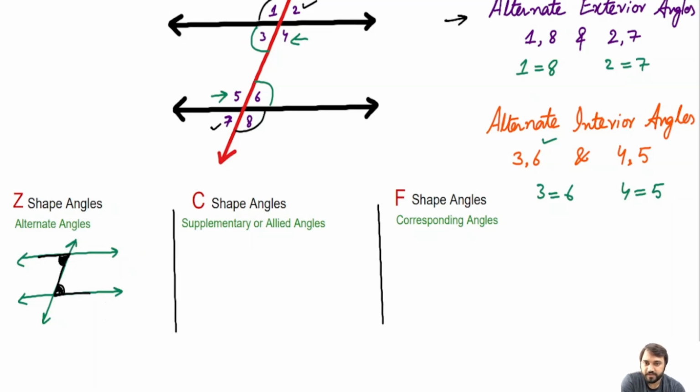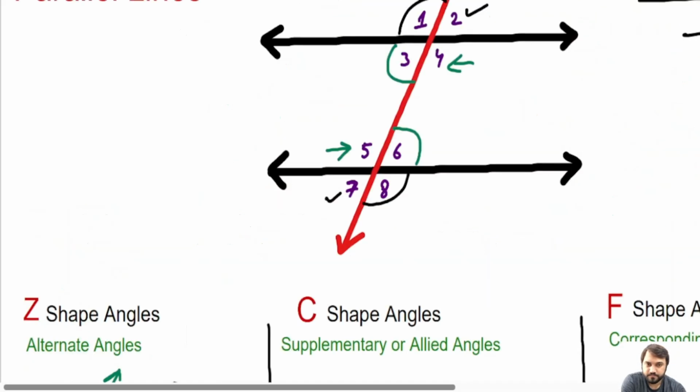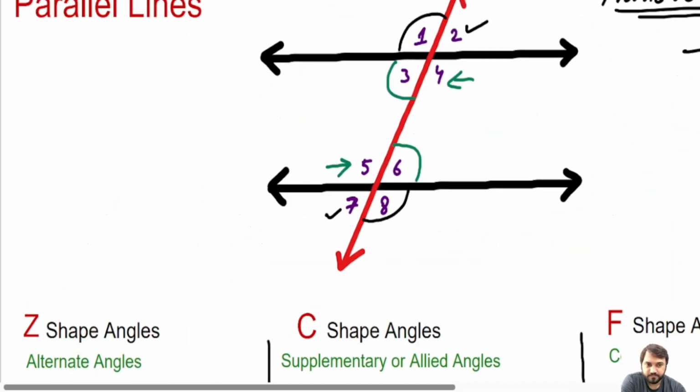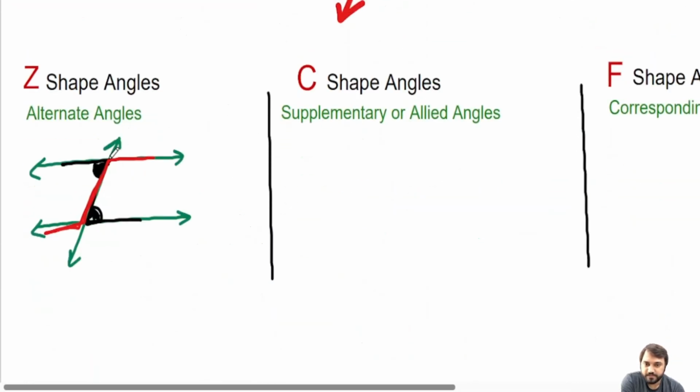Of course, you have the other Z like this. This is also Z. And just zoom in. This is also Z. These angles are again equal to each other.